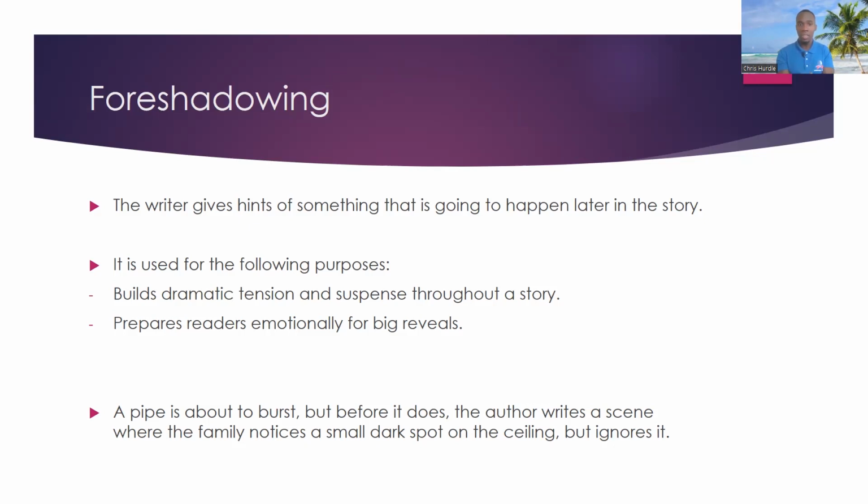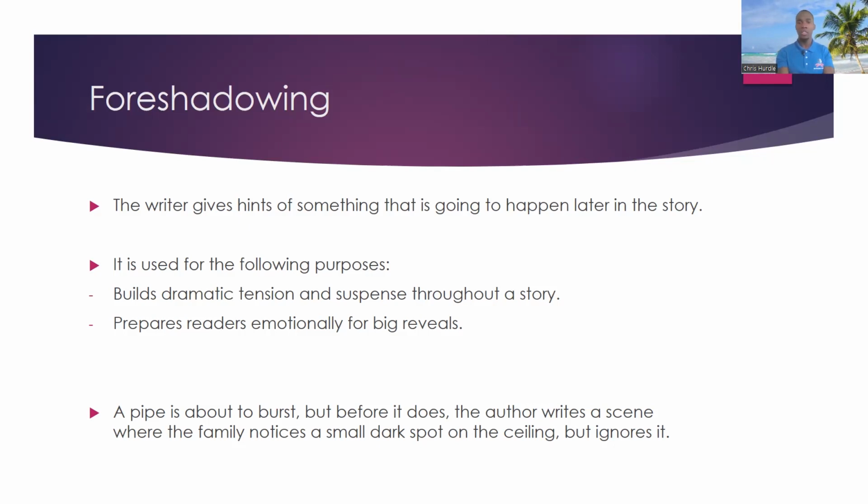All the author did was mention the family noticing a small dark spot on the ceiling. So that would have been foreshadowing for when the pipe burst, right? That would have been foreshadowing because they didn't notice that something was wrong.